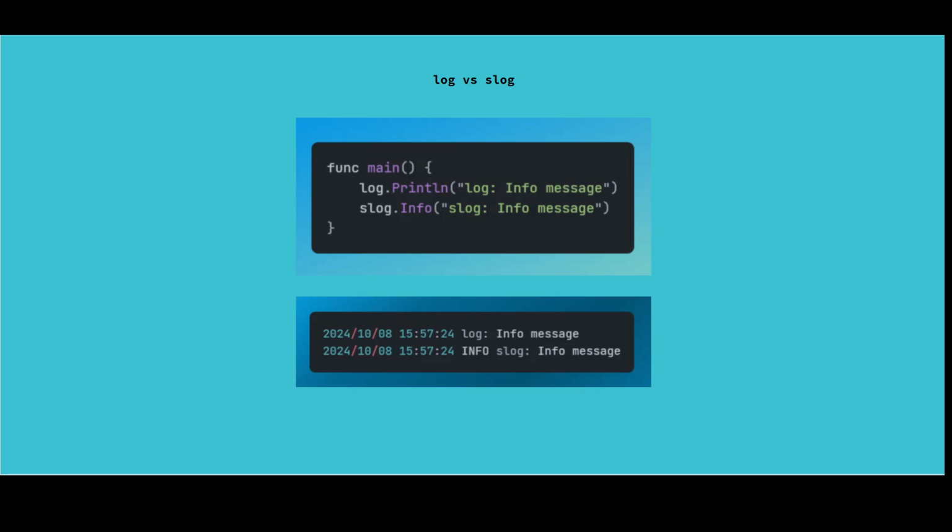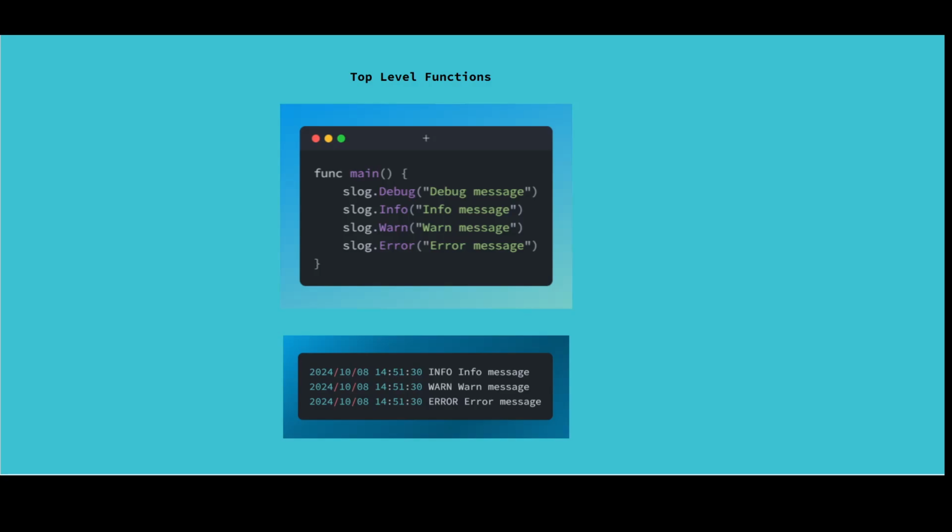There is no difference in the output except slog adds the level INFO to the log message. So just by doing slog.Info, you get level logging. Similar to slog.Info, there are other top level functions like slog.Debug, slog.Warn, slog.Error, and you can see the output of this at the bottom.